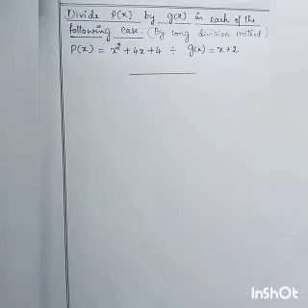In the question they have given p of x as x square plus 4x plus 4. We have to divide p of x by g of x, that is x plus 2. Always p of x we call the dividend and g of x the divisor, and we get a quotient q of x and remainder r of x.